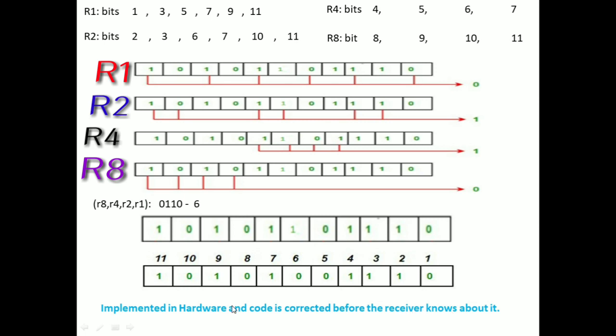The hardware at the receiver side will simply detect and correct the code before the receiver knows about it. The receiver thinks that it has got the correct information because the hardware has done all the processing. So this is how we detect and correct the error using the Hamming code technique.